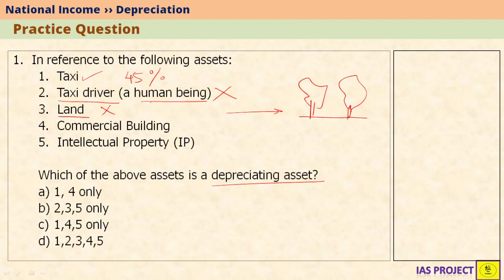But land itself is not a depreciating asset. Commercial building, yes, usually 1% per annum is the depreciation rate for commercial buildings. Intellectual property, yes, intellectual property is also considered a depreciating asset. So the answer is, which of the following assets are depreciating assets? 1, 4 and 5. Answer C.